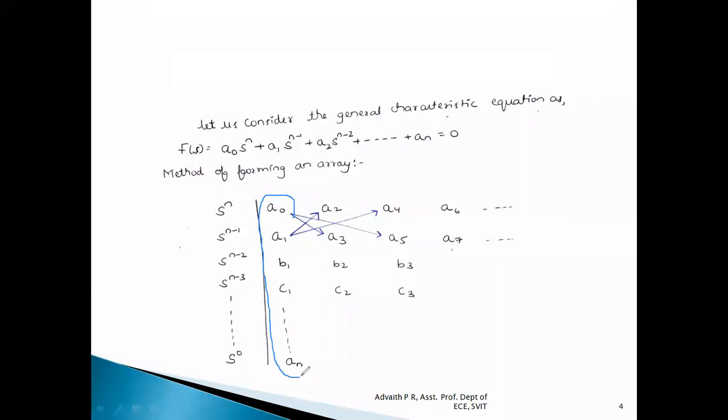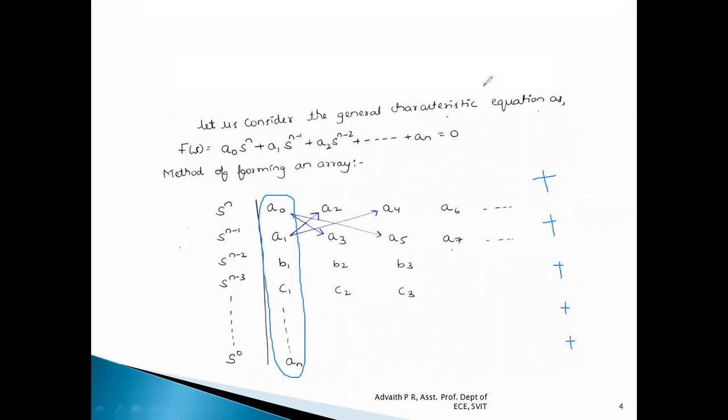So based on the values we have got in the first column of the Routh array, the stability will be predicted. If the values in the first column have no sign change, that means if one value is positive, all other values should also be positive, then the system is said to be stable.